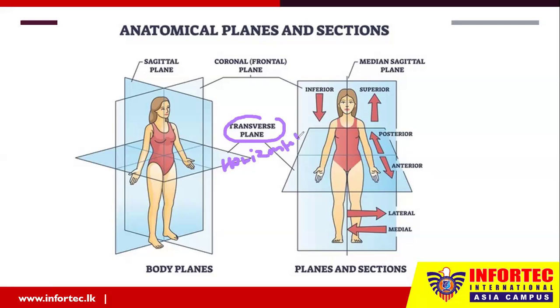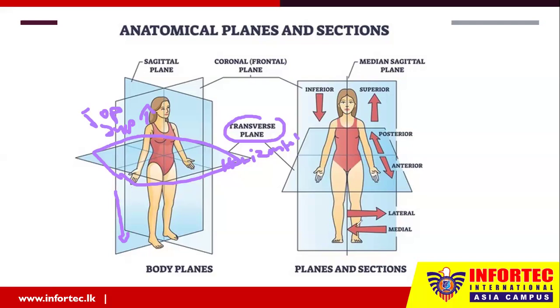Transverse or horizontal. This divides our body into top, which means superior, right? When we divide with the transverse plane, we can divide our body into top or superior, closer to the head. This part is top, superior. And bottom, which means inferior, right?